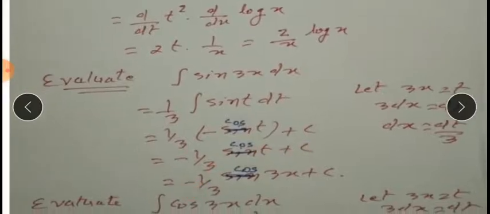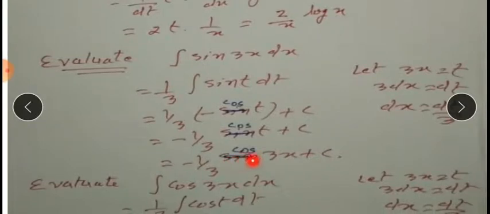Substituting the value of t, minus 1 upon 3 cos 3x plus c. When I solve questions, wherever we get integration sin 3x, I will directly write the formula, that is the answer minus 1 upon 3 cos 3x.